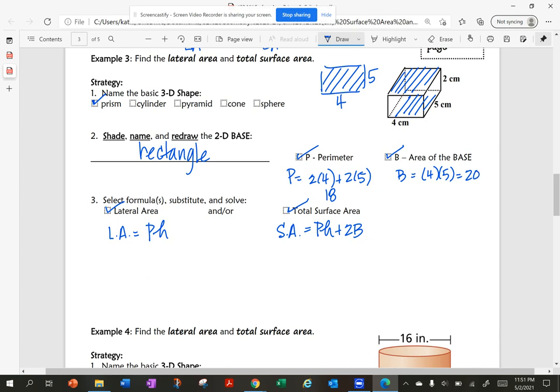So I'm going to start substituting in. So my perimeter is 18. The height from base to base is 2. So 18 times 2 is 36 centimeters squared.